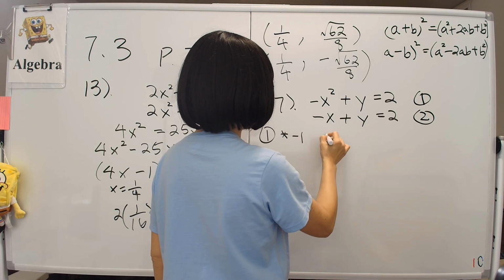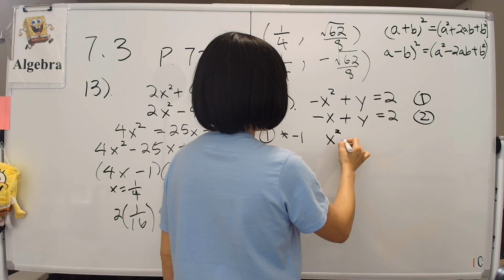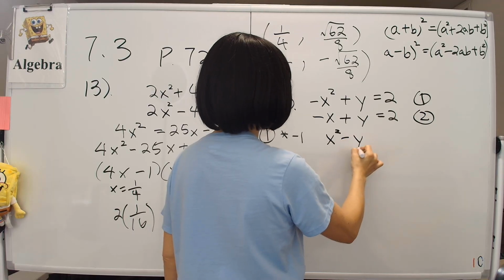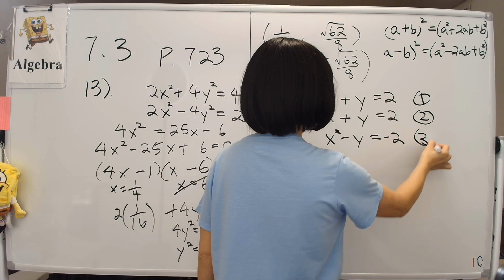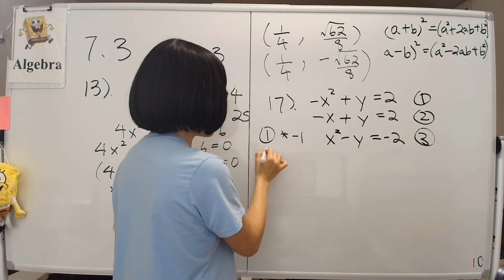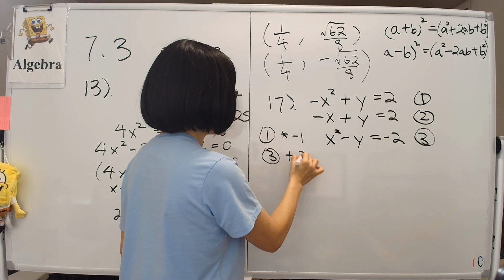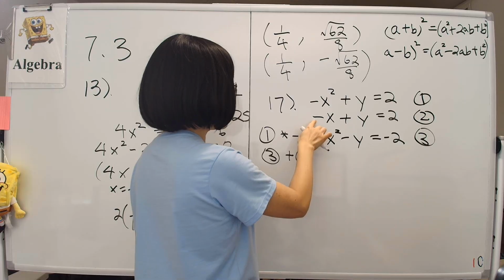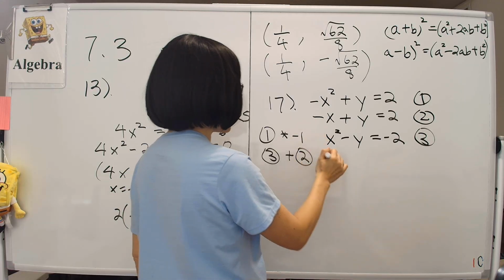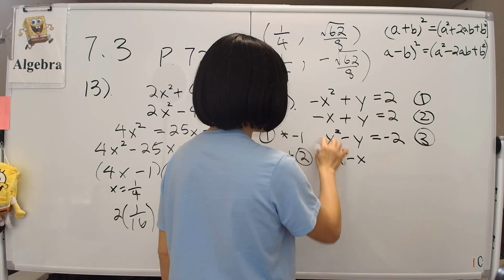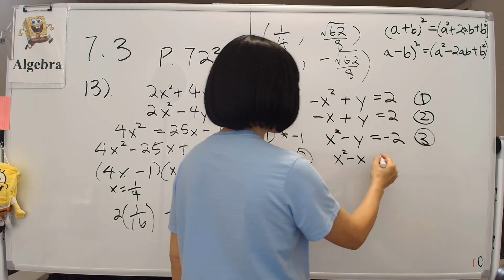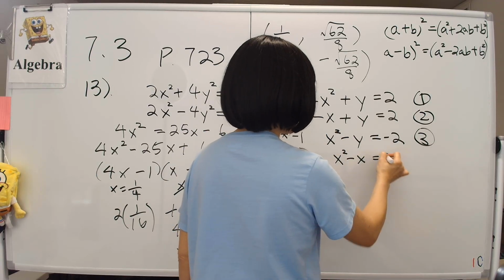So we have x squared minus y, changing signs, equals -2. We'll call that equation 3. And let's add equation 3 to equation 2. These two being added together, we have x squared minus x, y disappears, and that equals 0.